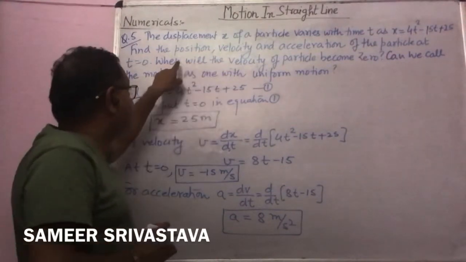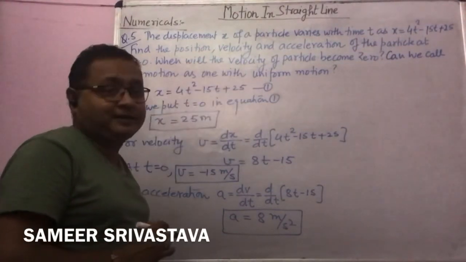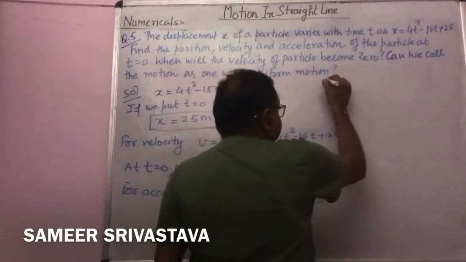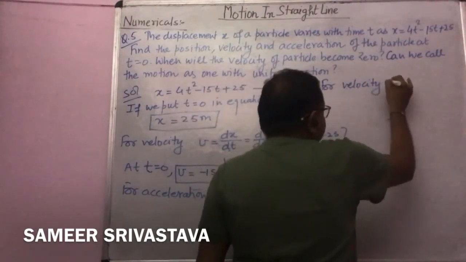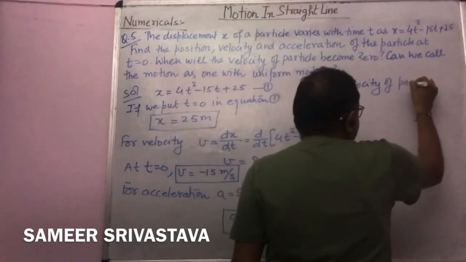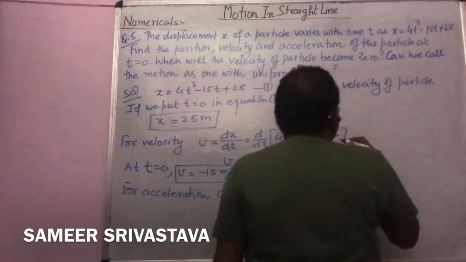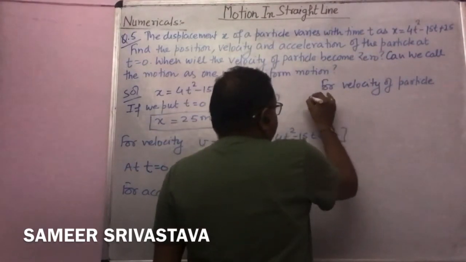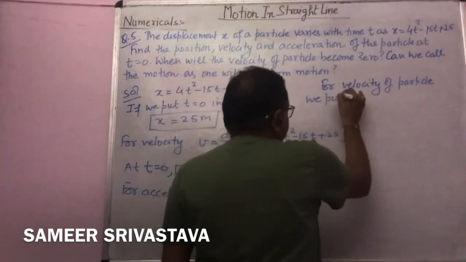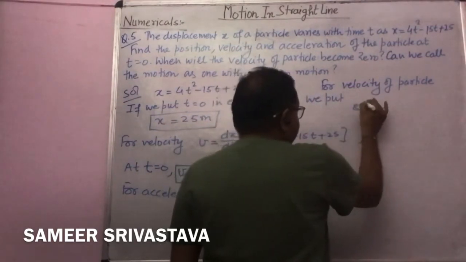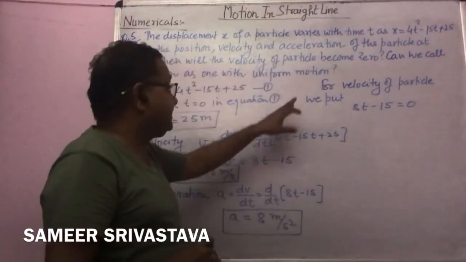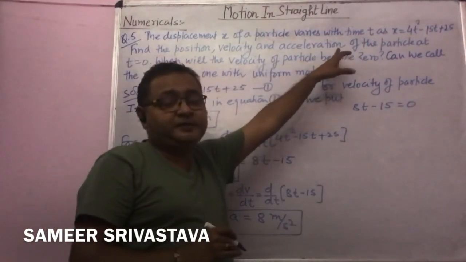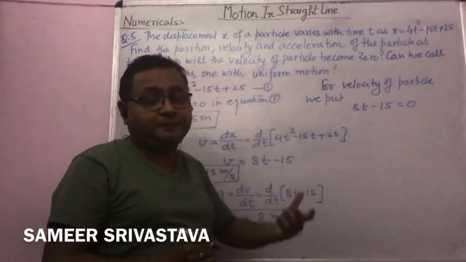Now the second question says, when will the velocity of the particle be 0? For this we put 8t minus 15 is equal to 0. The question says that when the velocity of the particle is 0, it means we have to find the time when the velocity becomes 0.